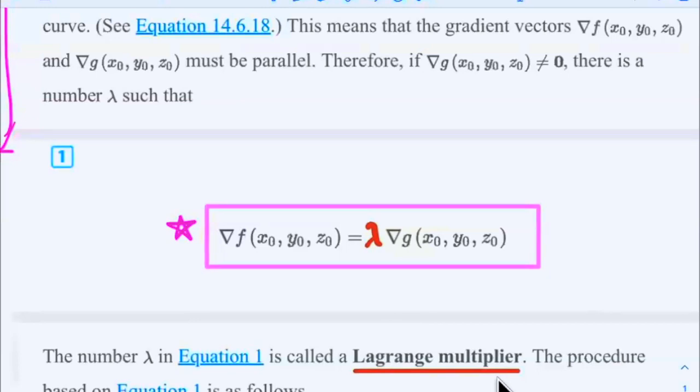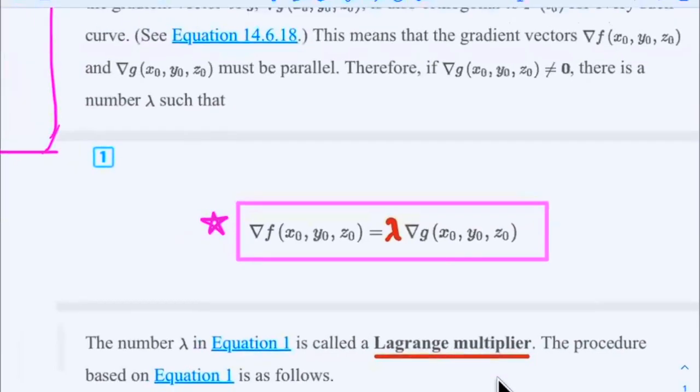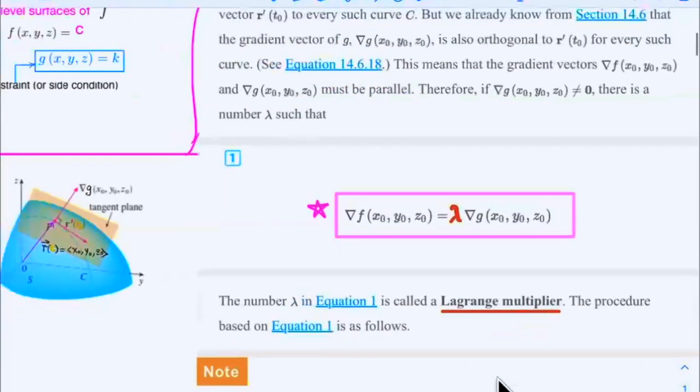Okay, so now I know what the Lagrange multiplier is, but how can this help me to find the extreme values, right? Okay, so next we're going to outline the procedure. And we're also going to use an example to see how we use this Lagrange multiplier to find extreme values.